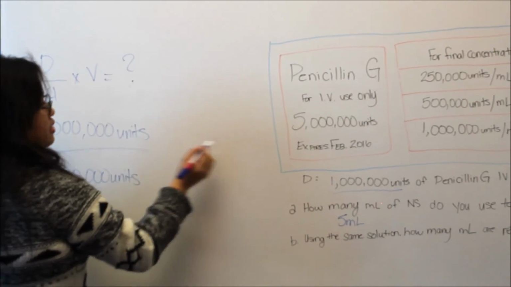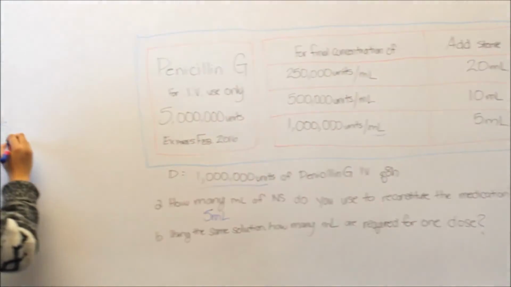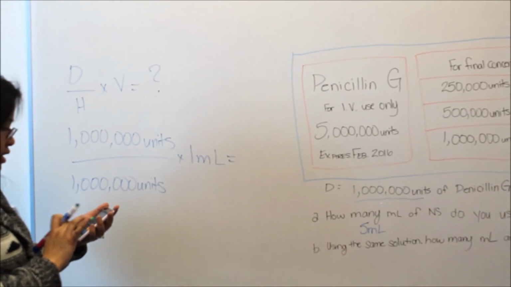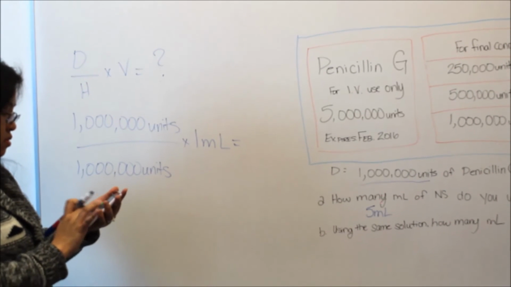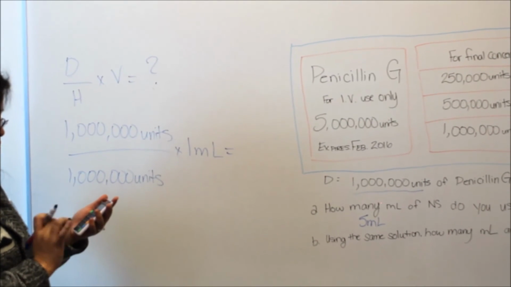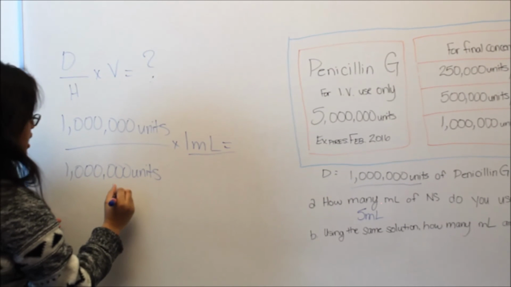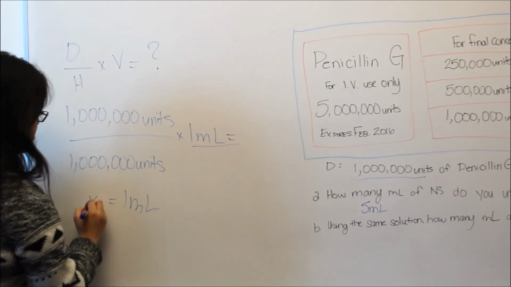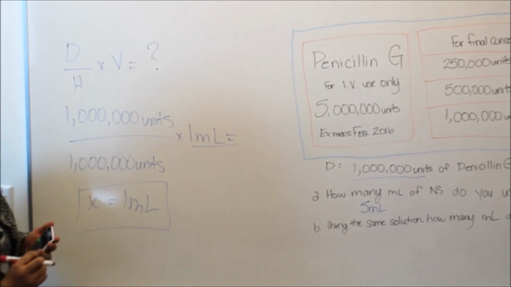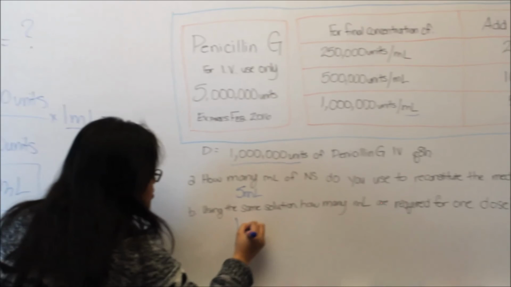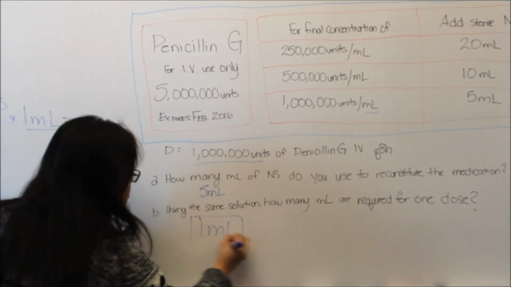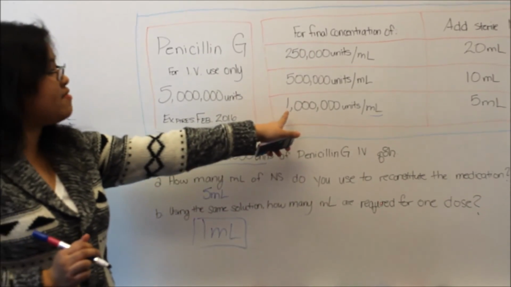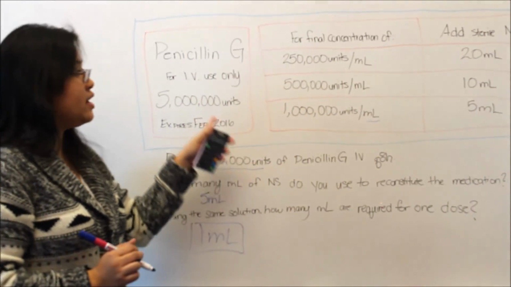And your V is 1 ml. So we're going to do the calculation, and your answer will be 1 ml. So your answer is 1 ml if you use the final concentration of 1 million units per ml to reconstitute with.